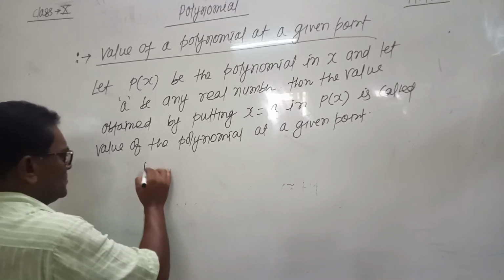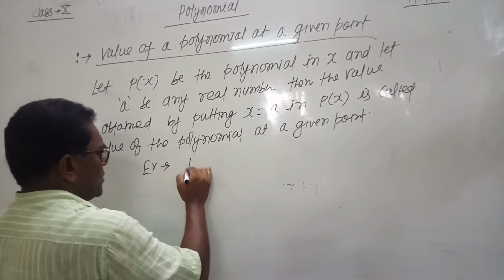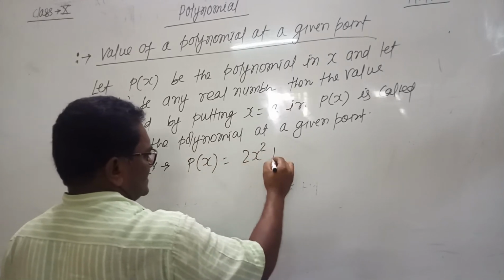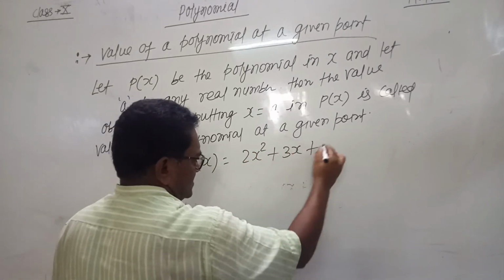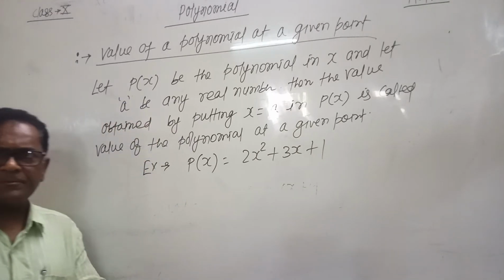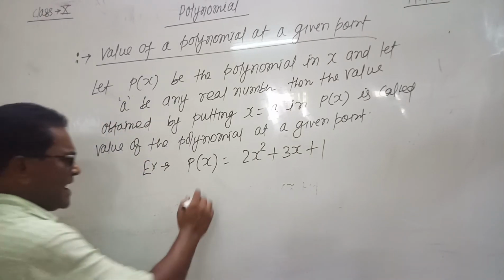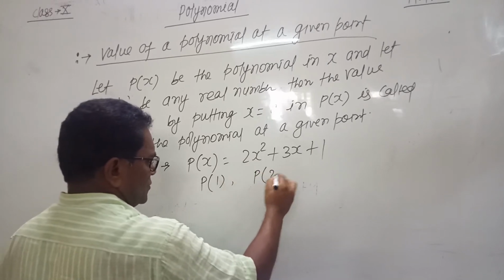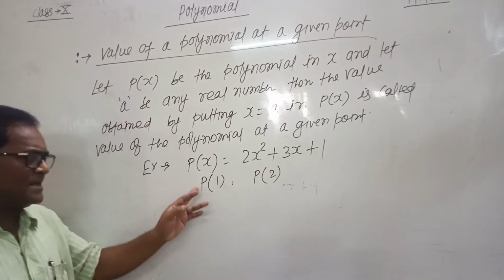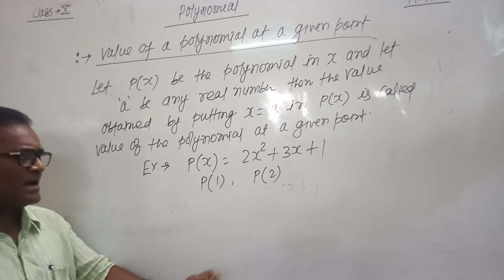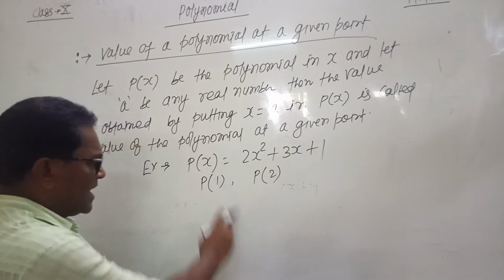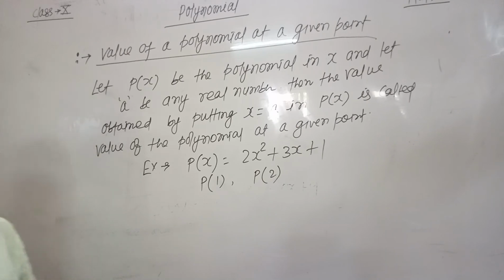For example, suppose the polynomial is given as p(x) equals 2x square plus 3x plus 1, and we have to find the value at a point. We have to find P(1) and P(2), where 1 and 2 are real numbers.